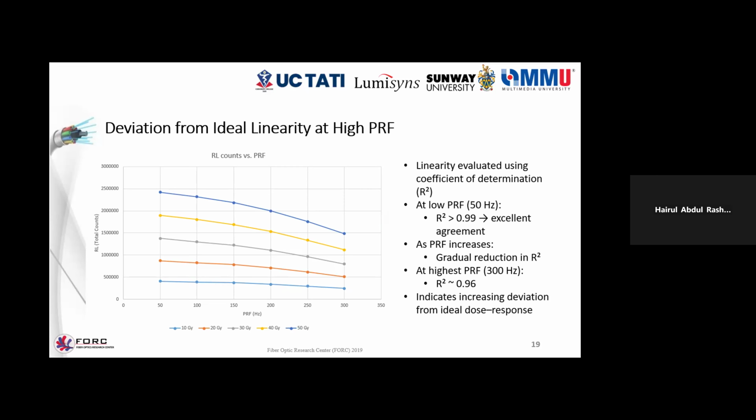The light blue line is the dose at 10 Gray, and this is at 50 Gray, the darker blue line. As PRF increases, we can see gradual reduction in R squared. And at the highest PRF, 300 Hertz, we can see R squared has dropped to 0.96.